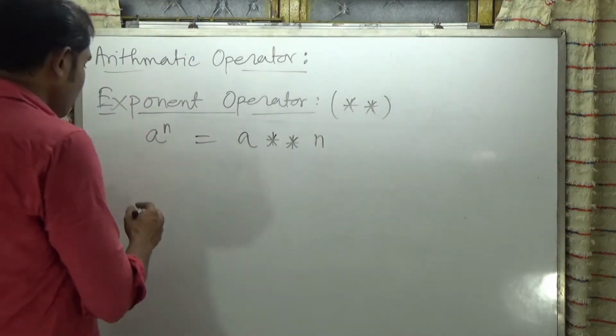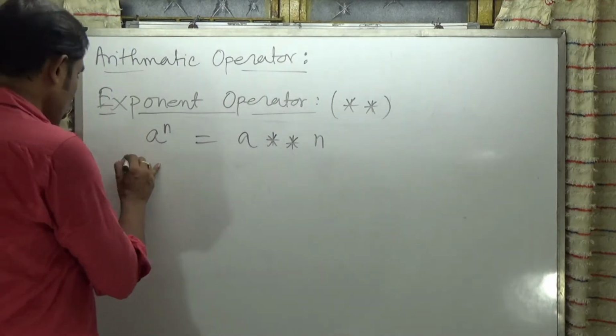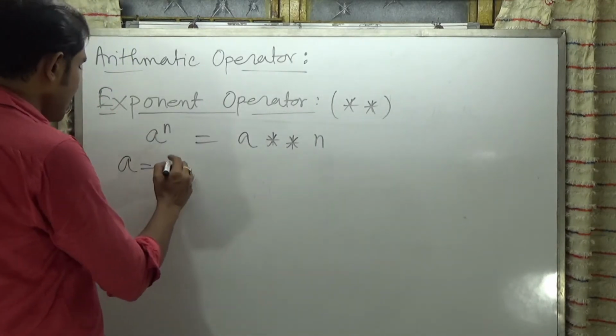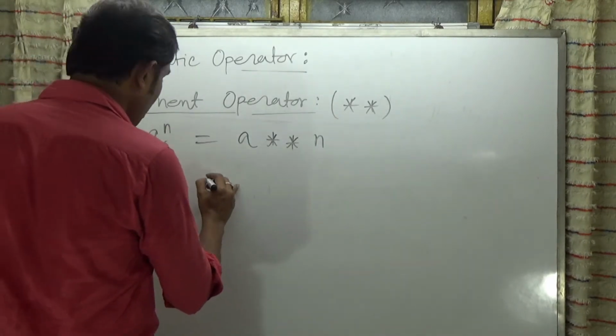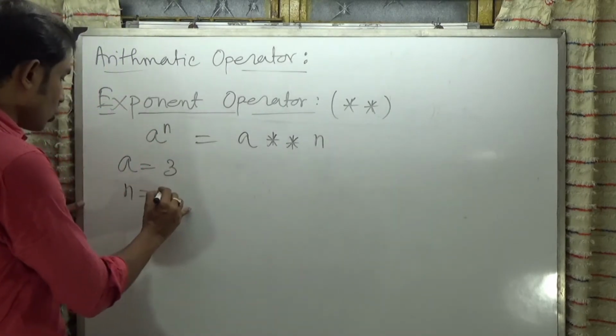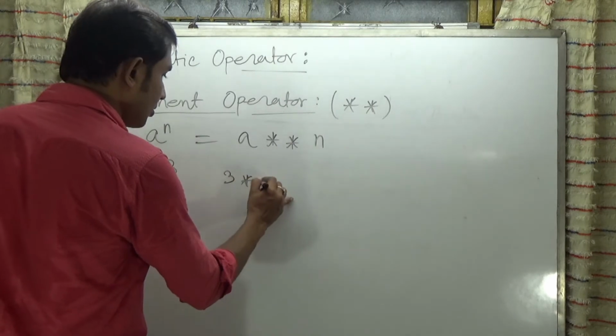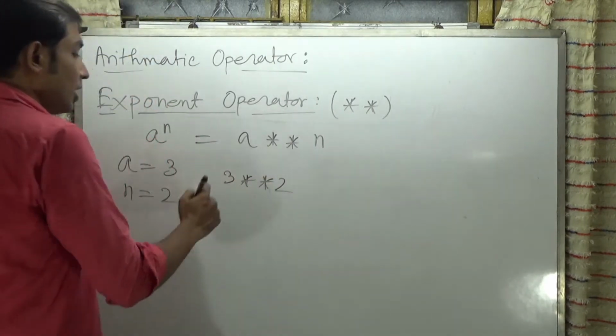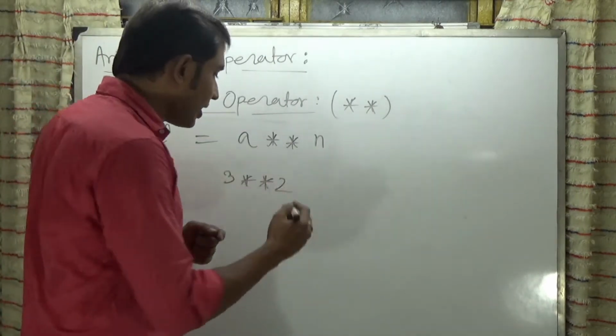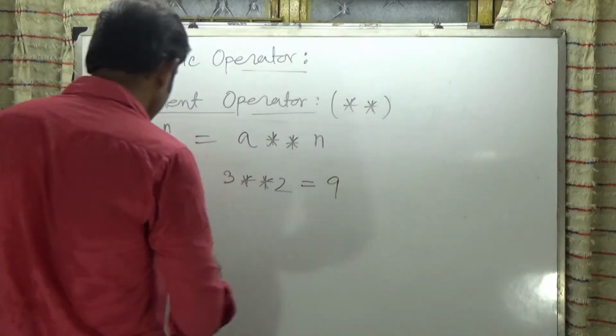Now suppose the value of a is 3 and the value of n is 2, so it looks like 3 exponent 2, so the value of 3 square is 9.